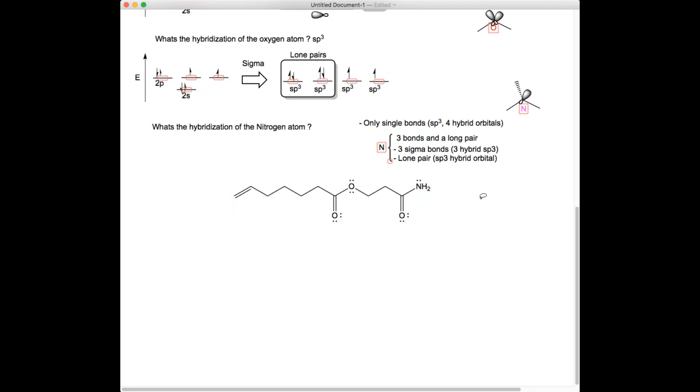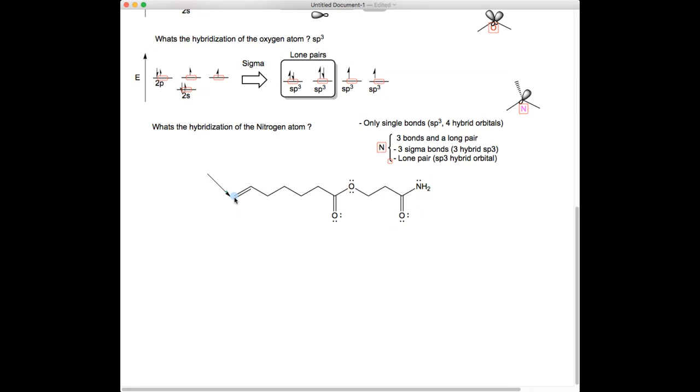I'm assuming at this point everybody is really good at this, okay? All right, so I'm going to point toward this carbon atom here. How many hydrogens do we have here, guys? 2 hydrogens, right?